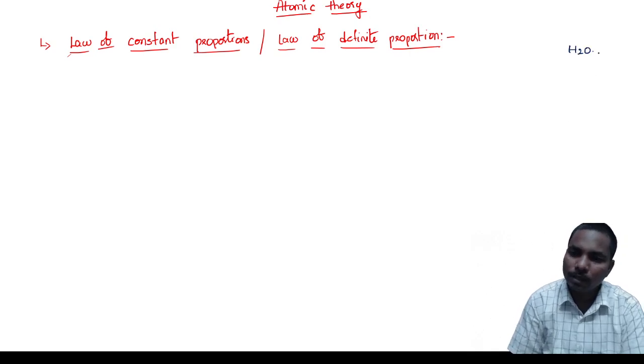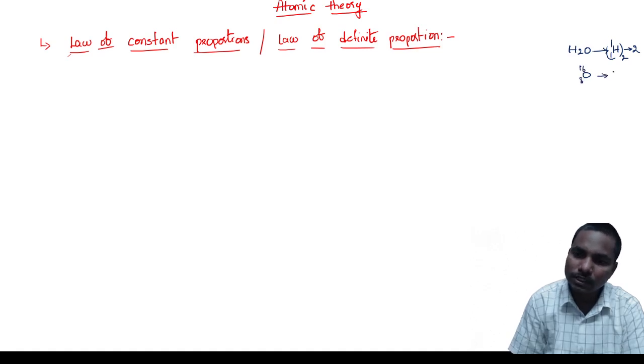What is the molecular mass of water? Hydrogen has 2 atoms, so the total mass is 2. Oxygen 8, mass 16, has 1 atom, so total 16. 16 plus 2, 18. So 18 is the molecular mass of water.